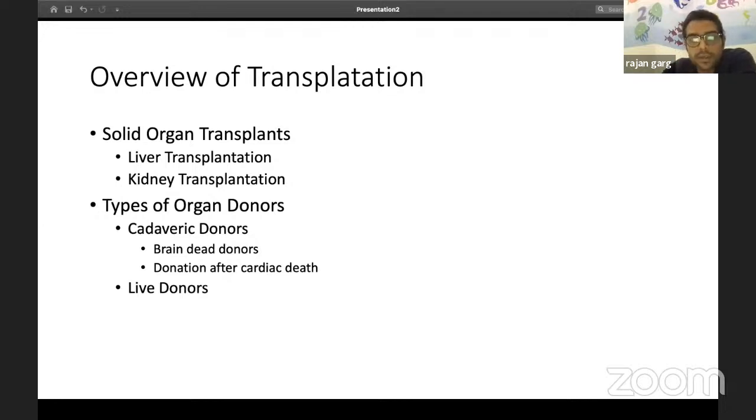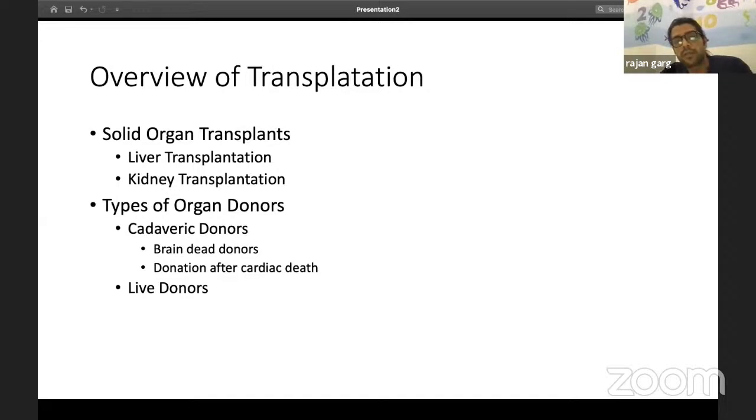For example, the liver can go to two patients, one adult and one kid, or sometimes only one adult. Two kidneys can go to two kidney recipients, and then one heart, one lung, and pancreas and intestinal transplants. So these are the common organs which are harvested for organ transplantation. And recently in Mumbai, two adults also underwent hand transplants.